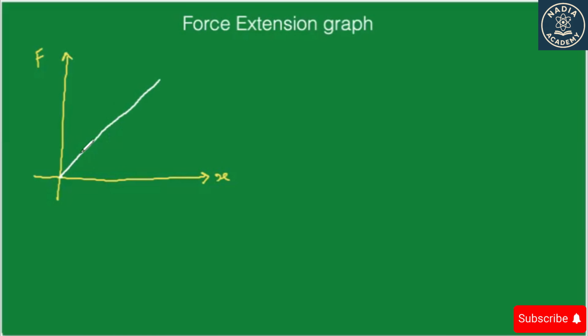From this graph, we can also calculate the work done. You applied the force, and under the action of the force there is extension, which is displacement. We know that work done is force times displacement.